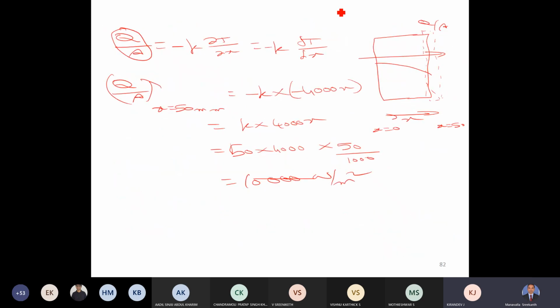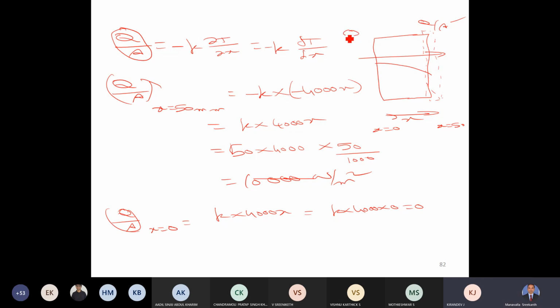Now similarly, this is the heat flux 10,000 watts per meter square on the right face. On the left face also we have to evaluate. So Q by A, the heat flux at x is equal to 0, is again K multiplied by 4000x, so K multiplied by 4000 multiplied by 0. So this is 0. So heat flux on this side is 0.